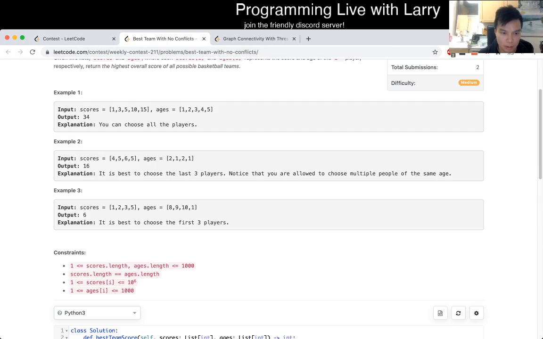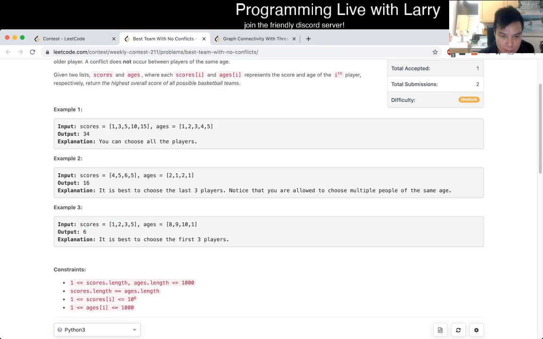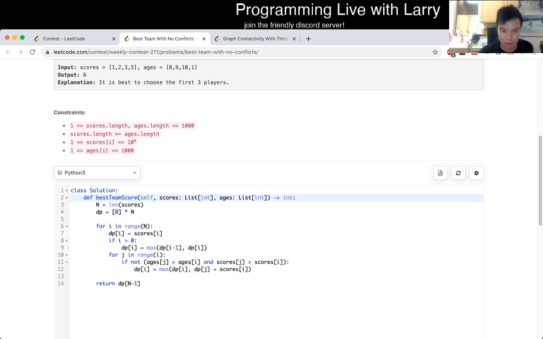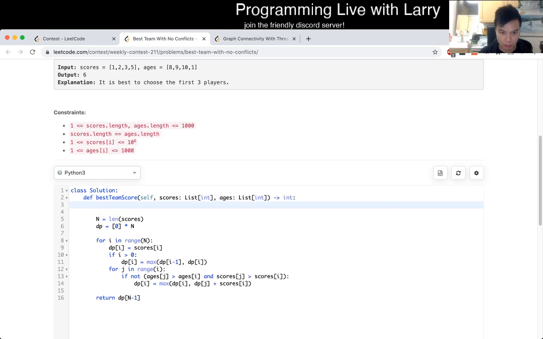I have to sort this. Also, this is just wrong. Wait, did I mess it up? Oof, I did mess it up.